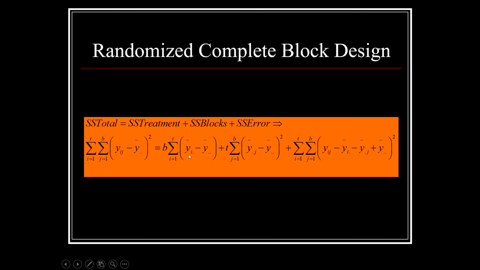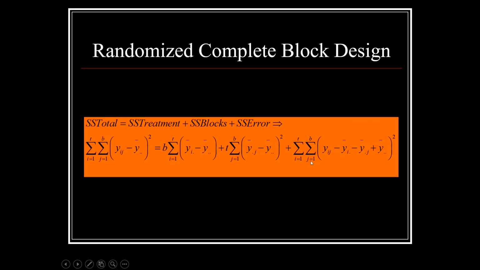Okay, so take the group mean, subtract off the overall mean, square it, add them up, multiply by the number of blocks, plus our number of treatments times our y bar dot j minus y bar dot dot squared. In other words, we're going to take our block means, subtract our overall mean, square it, add them up, and then multiply by the number of treatments.